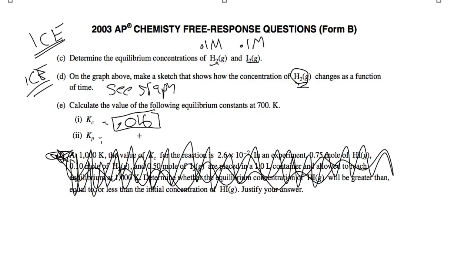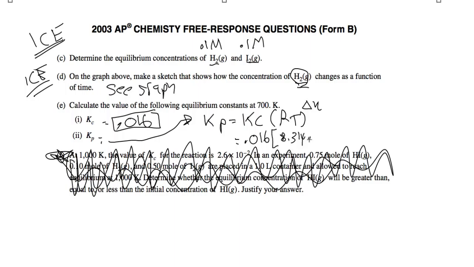Just to make things easier when we do this, let's write the equation first. Kp equals Kc RT delta N. 0.016, R is 8.314 multiplied by T, which is 700. Delta N, change in moles. So our reaction was 2HI gas goes to H2 gas plus I2 gas.